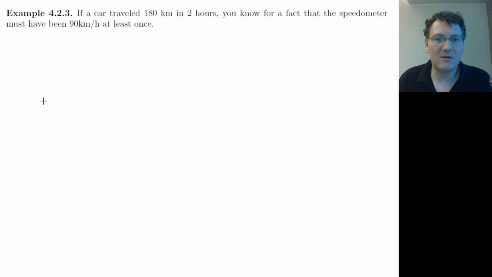Okay, so if a car travels 180 kilometers in 2 hours, we know for a fact that the speedometer must have been 90 kilometers per hour at least once. Why?